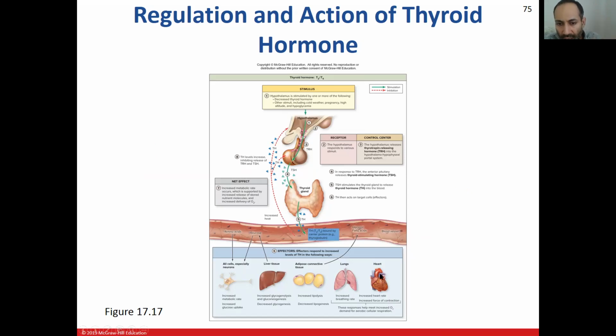What happens to your heart? Your heart speeds up. Something called tachycardia. Tachycardia, right? Heart speeding up. So all of those effects happen when you have thyroid hormones secreted and your metabolism increases. Tachycardia, heart speeding up. Okay.